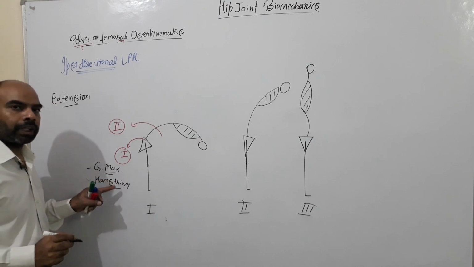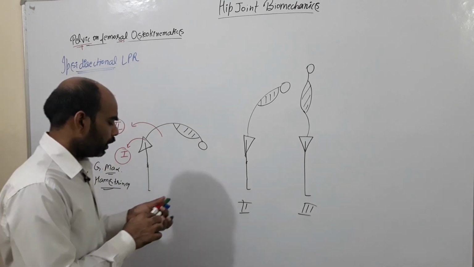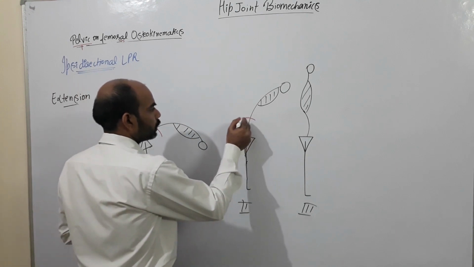Hamstring and gluteus maximus activity suddenly increase when trunk starts extension.